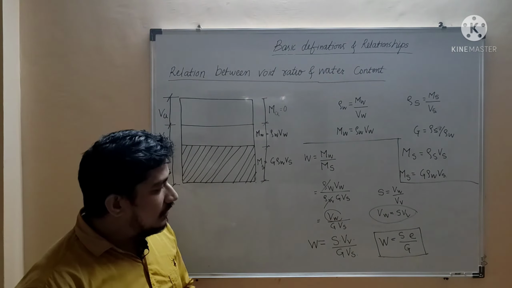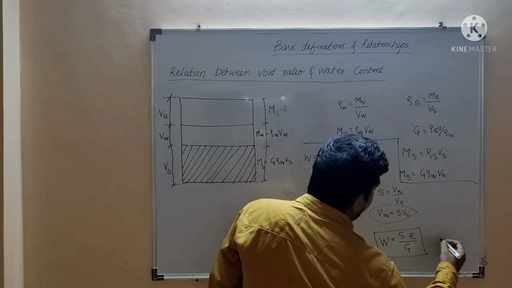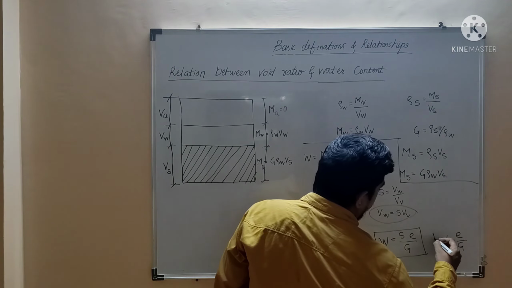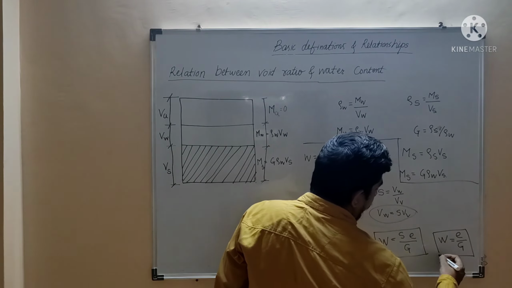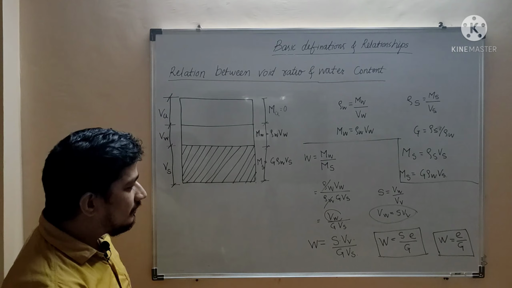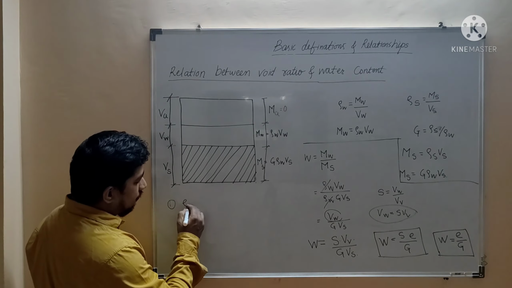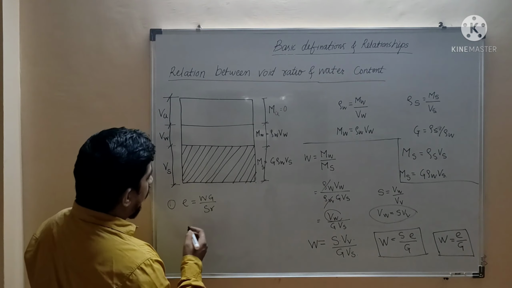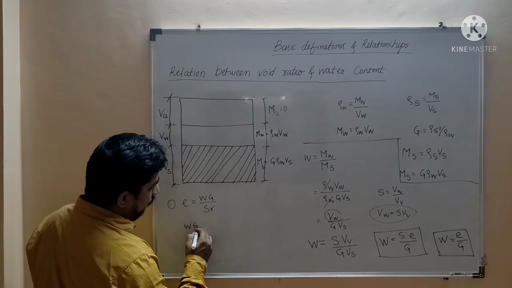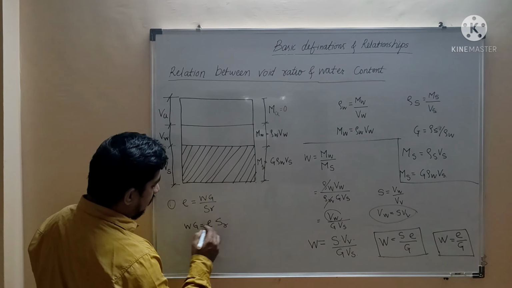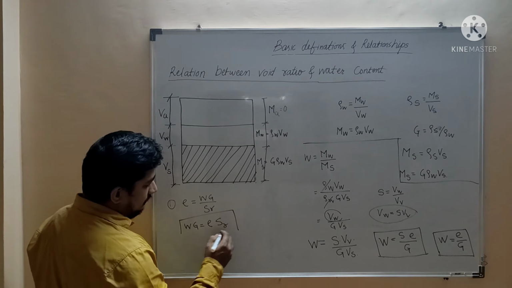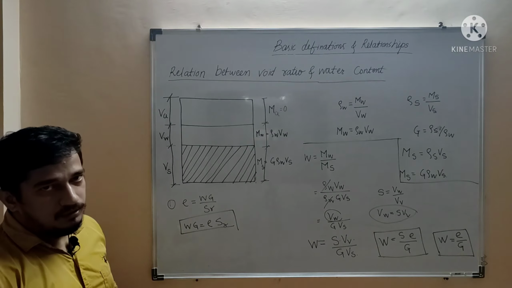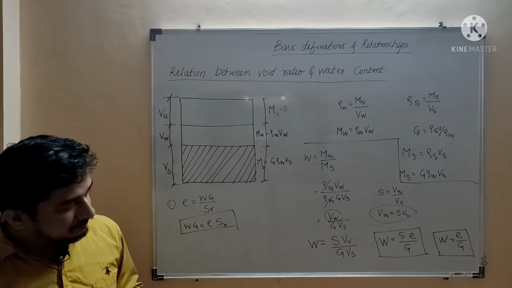If the soil is totally saturated, then we can simply write W is equal to E by G. So this is one of the formulas we got, that is E is equal to Wg by S, or Wg is equal to E into S. So this is the relation between water content, void ratio and degree of saturation.